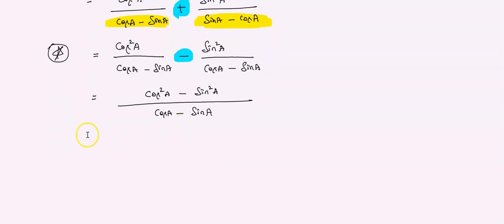Now children, we know that sin square A plus cos square A is equals to 1. But here it is completely opposite. We have minus, so we cannot write 1.